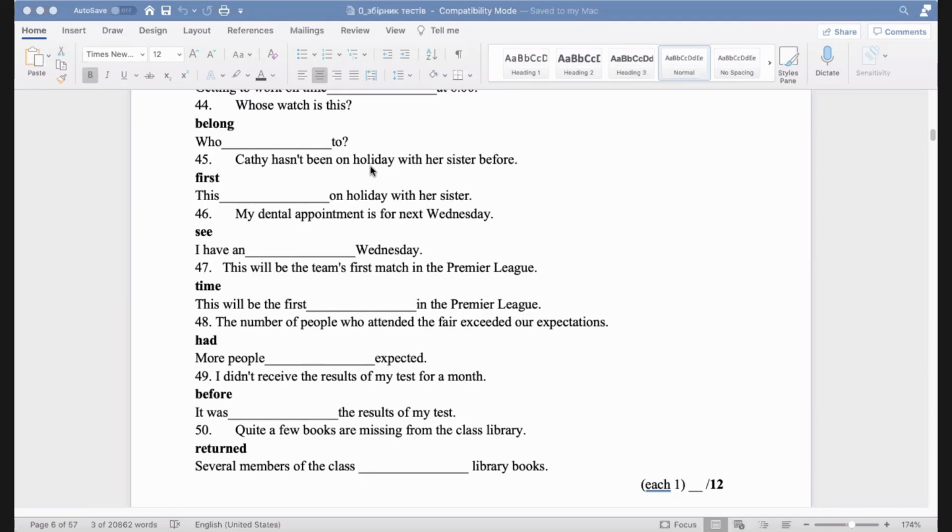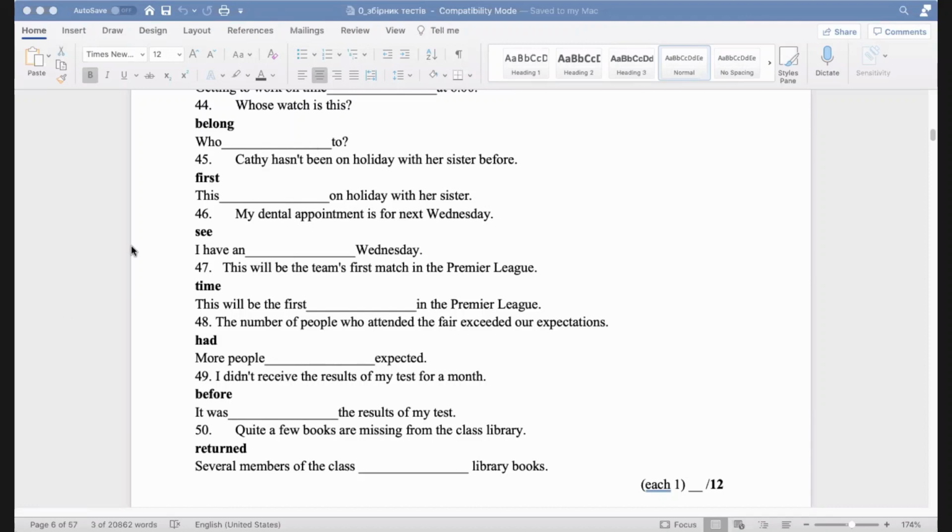It's fantastic. It's correct, but take into account the tense of the previous sentence. Do you see? Hasn't been. Has been. Да, ми ж повинні передати не лише зміст, а й відповідно, щоб не змінились часові рамки.